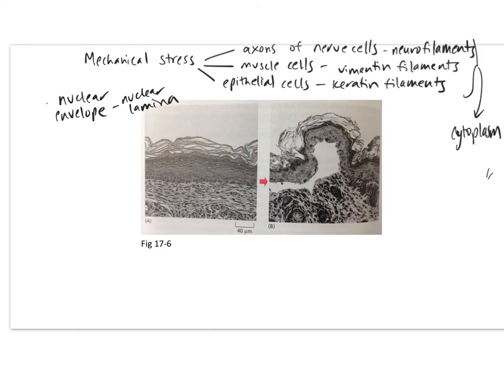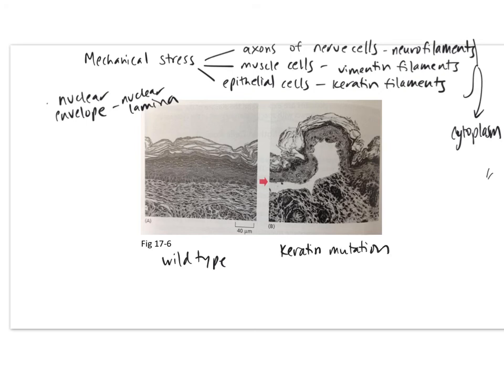The picture that is shown here, which we haven't talked about just yet, is looking at a cross-section of skin. On the left, we see a cross-section of wild-type or normal skin layers. This is a microscopic image. And on the right, we see a mutation in a type of keratin in a mouse.